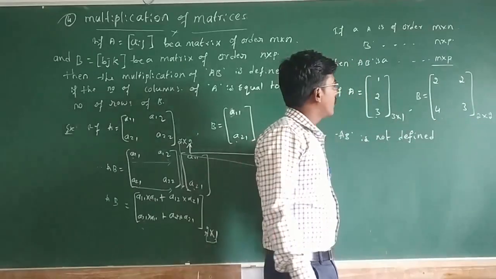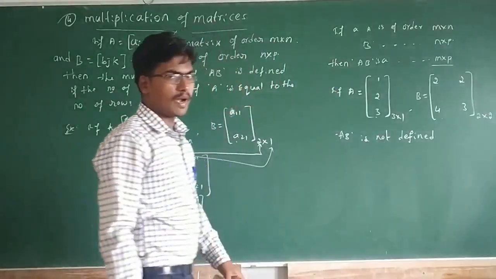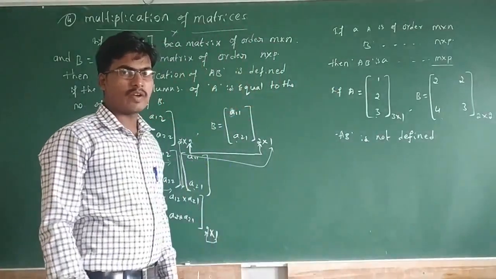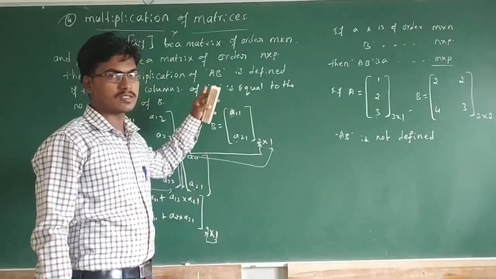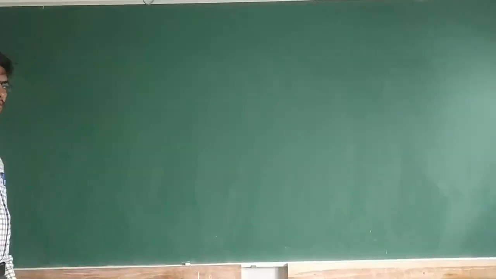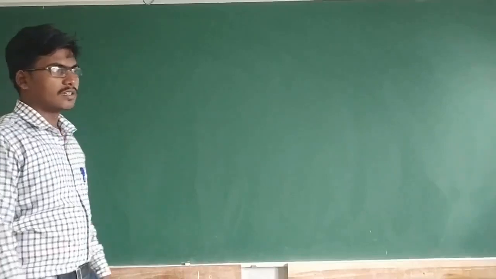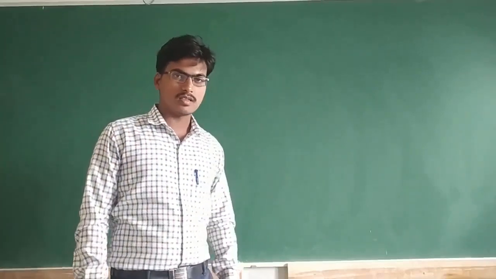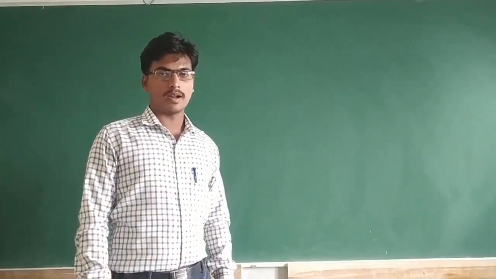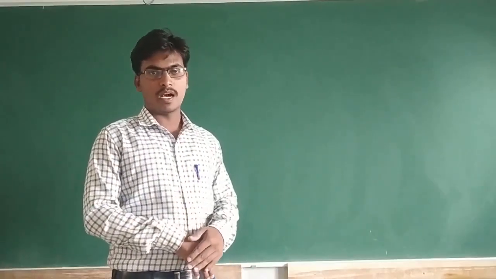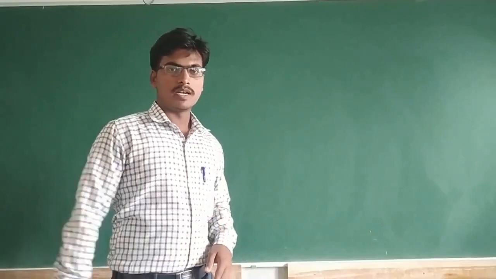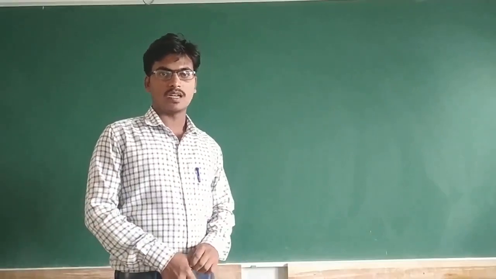Okay, on the basis of multiplication of matrices, we discuss some facts or factors on multiplication of two matrices. That is, how the multiplication of matrices is possible or exists, or how the multiplication of two matrices is not possible.